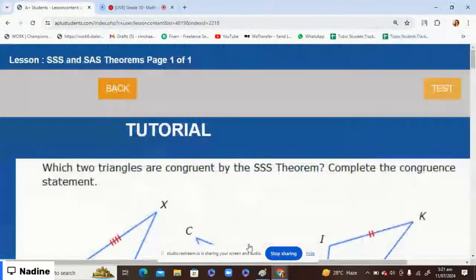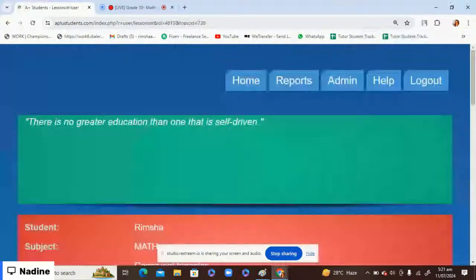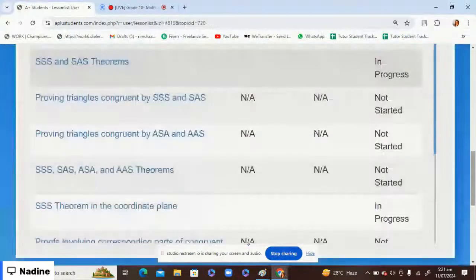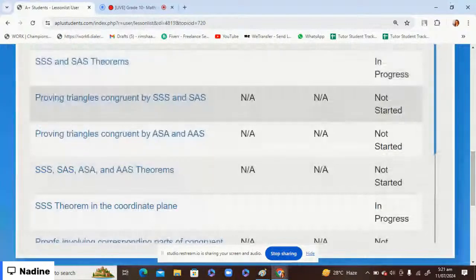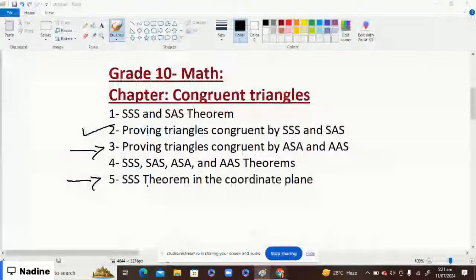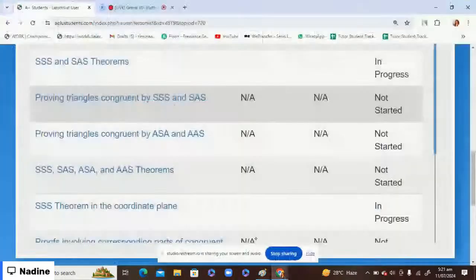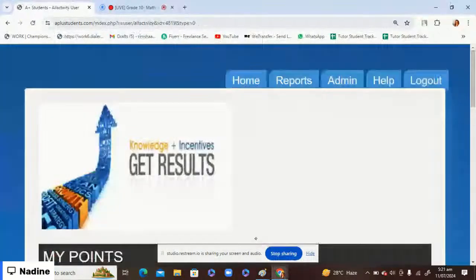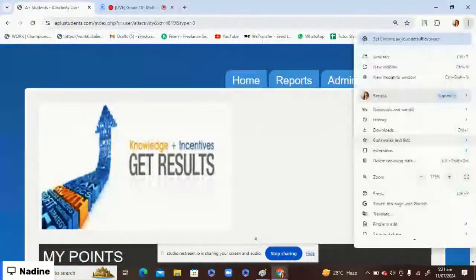Okay, now let's go back, and then let's do the second lesson of that chapter, proving triangles congruent by side side side and side angle side. Let's click and go. Sorry, let me just open it again.